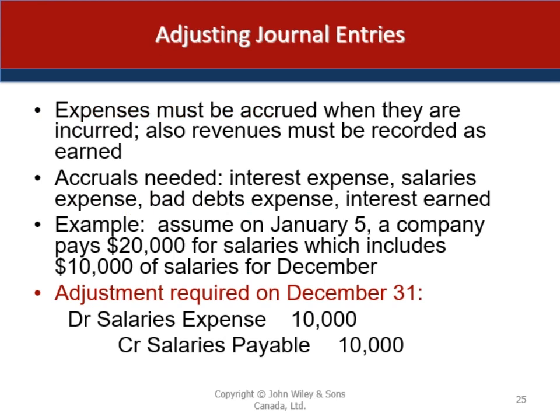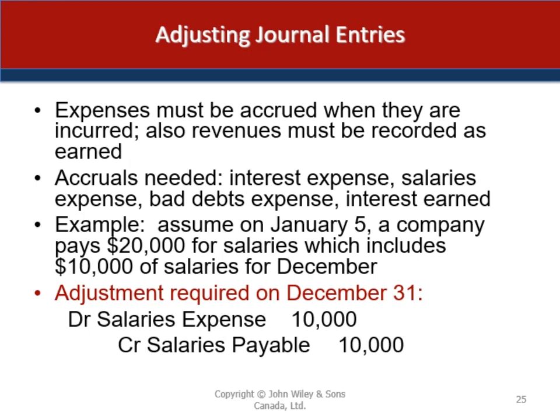So if we're looking at accrued expenses and accrued revenue, accrued expenses would often include interest expense, which would be paid on a periodic basis. So if the year end happens to fall between two interest payment periods, there would be an interest expense which needed to be accrued. So you'd have an accrued interest payable, and you'd have interest expense set up.